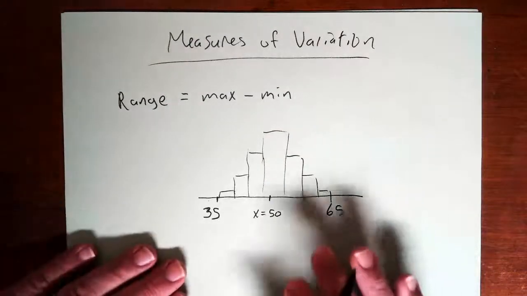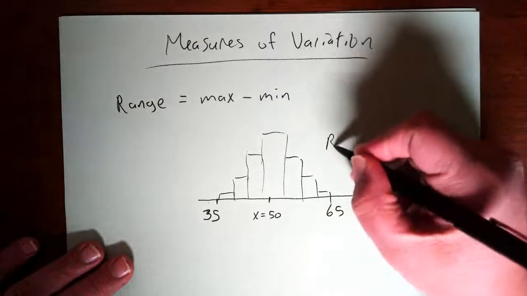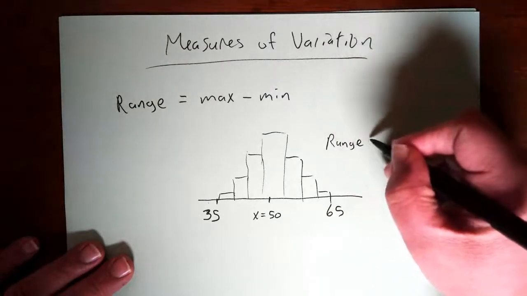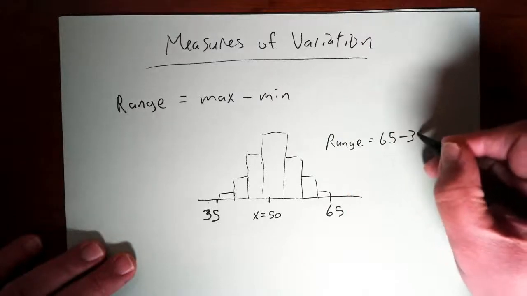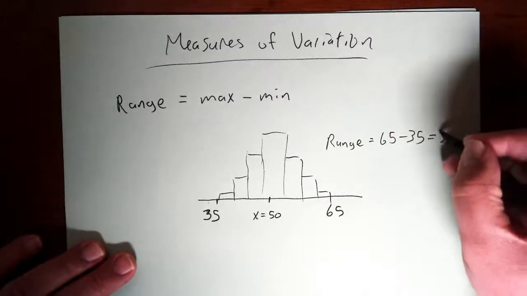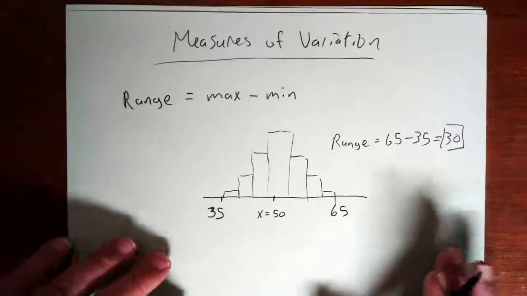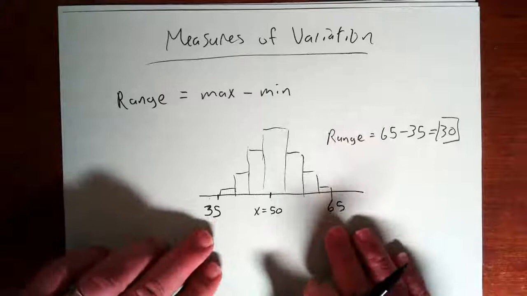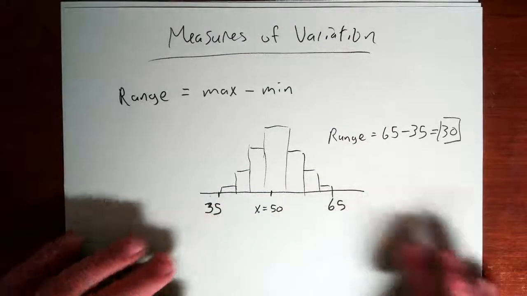Okay, and I want to know how spread out is this data set. So I can calculate the range. And the range would just be the maximum value minus the minimum value. And I'd get a range of 30. Okay, and that would give us kind of a measure of how spread out the data set is. From the smallest to the largest value is 30.